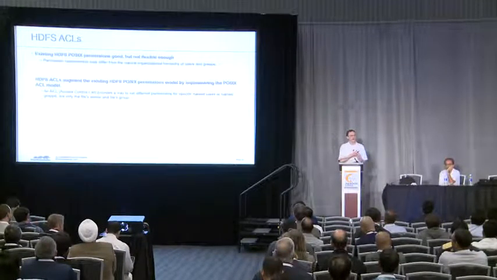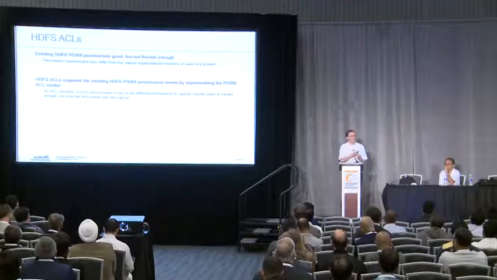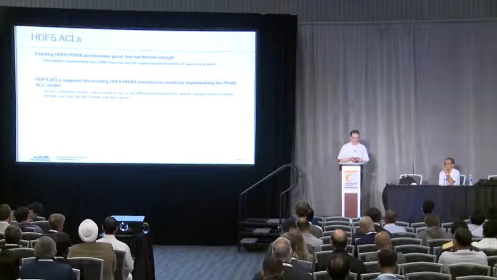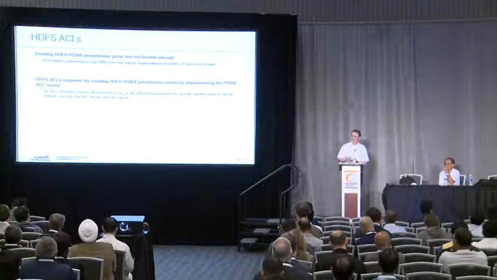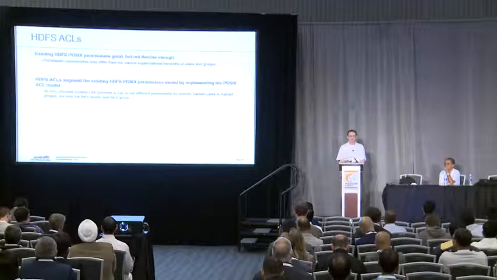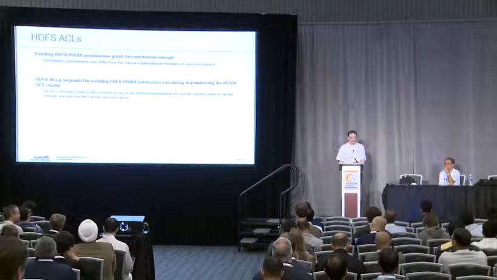Then for these three classes of users, we define read, write, or execute permissions. Each class can have those permissions or not have them in any permutation. And this is definitely sufficient for a lot of security requirements. This is, as I said, familiar to anyone, and that's because it's used very, very widely.